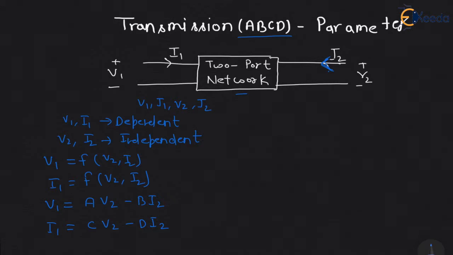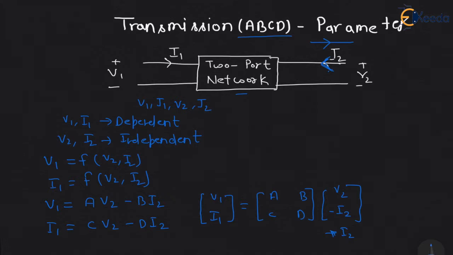Means if we try to write in terms of matrix, then it will be V1, I1 is equal to A B C D, then V2 and minus of I2 when I2 is inside. And if we change the direction like this, then what will happen? This minus I2 becomes plus I2. So we need to take care in which direction current has been given.